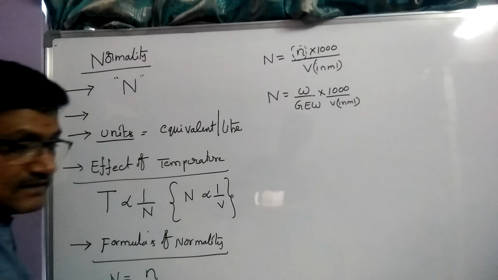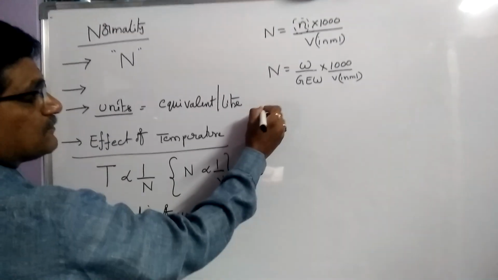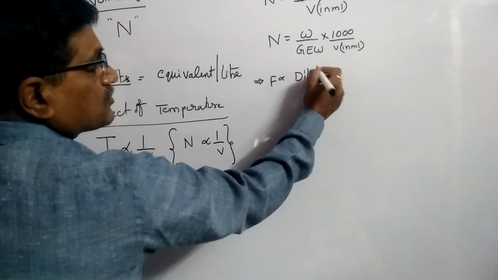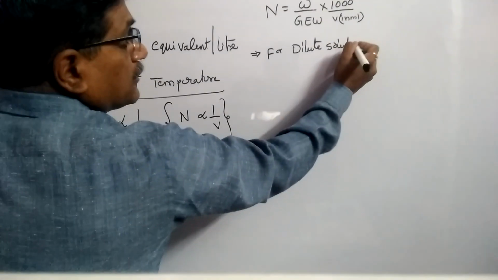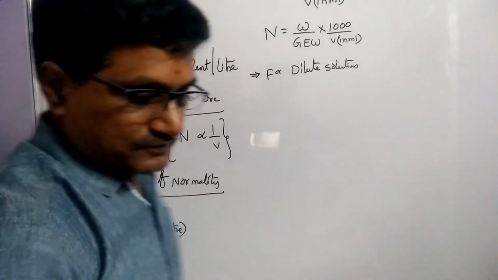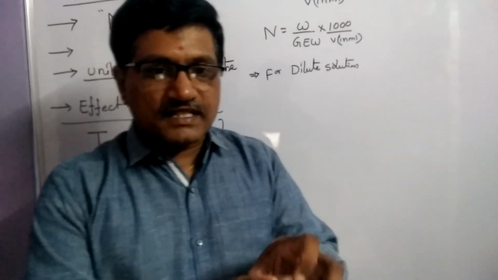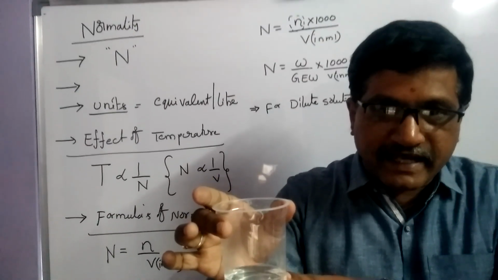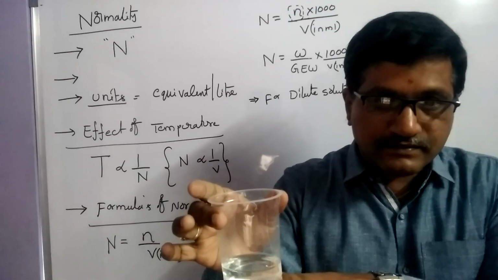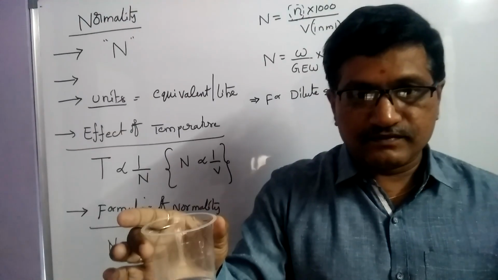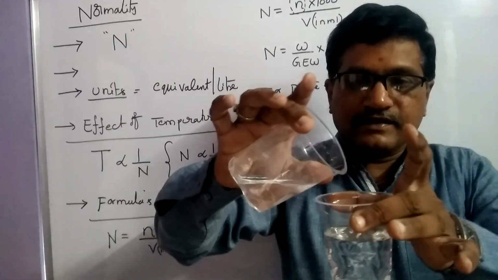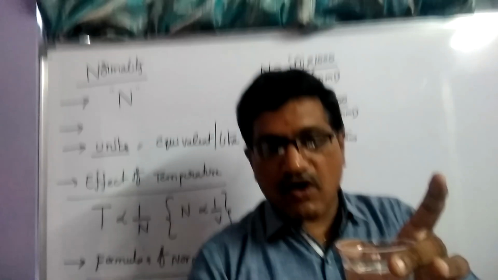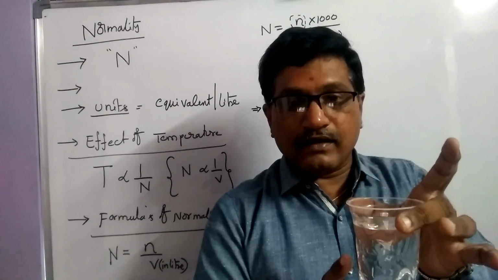Okay, that's here for dilute solutions. Imagine this is NaCl solution. Here normality N1, volume V1. If it is diluted to this solution, its normality N2, volume V2.